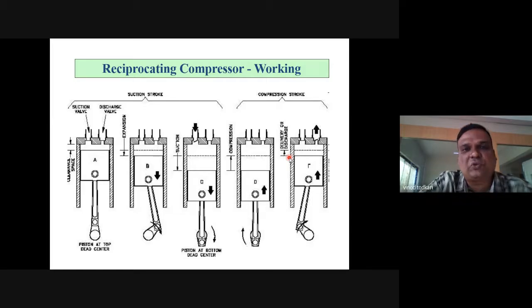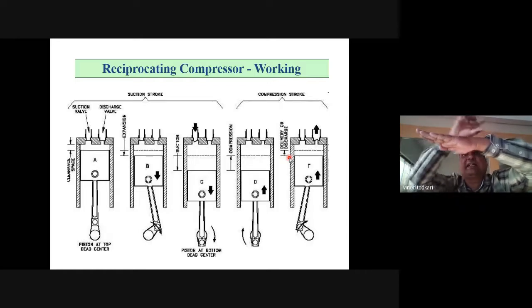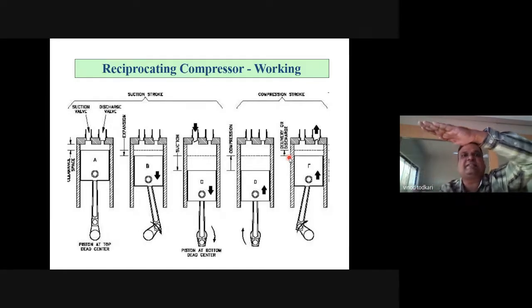In suction stroke, piston moves from TDC to BDC, inlet valve is opened and air is admitted inside the cylinder, right? Then in compression stroke, piston moves from BDC to TDC. See, it is very simple. Suction: piston moves from TDC to BDC, inlet valve is opened and air is admitted inside the cylinder.